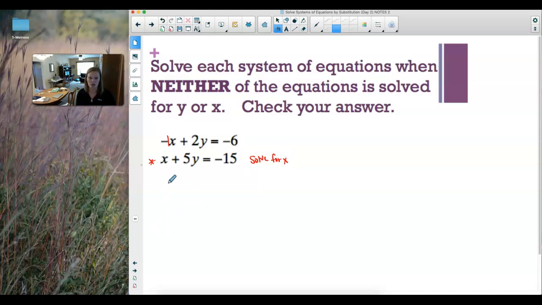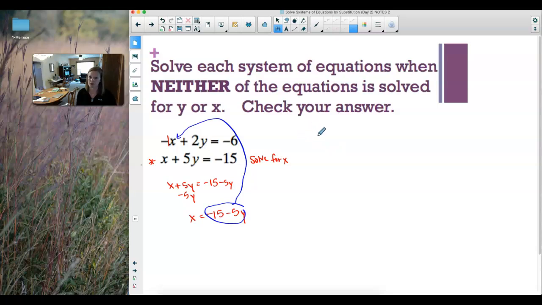Okay, so x plus 5y equals negative 15. Solving for x, we're going to subtract 5y from both sides, and we have x equals negative 15 minus 5y. Okay, now that we have that, and that's what x equals, we're going to take that and go to the first equation and substitute that in for x.